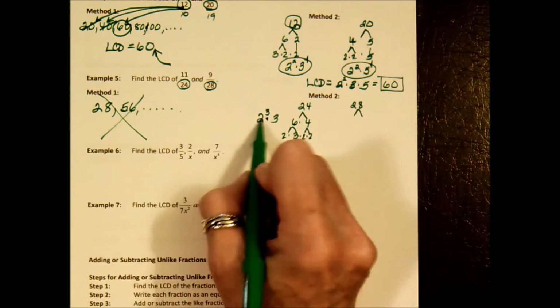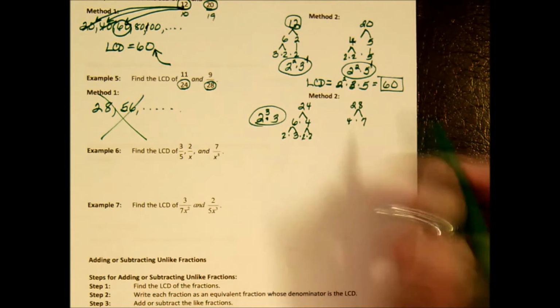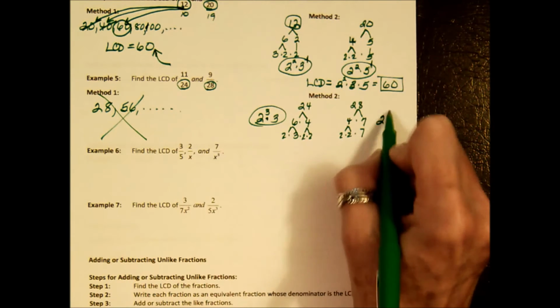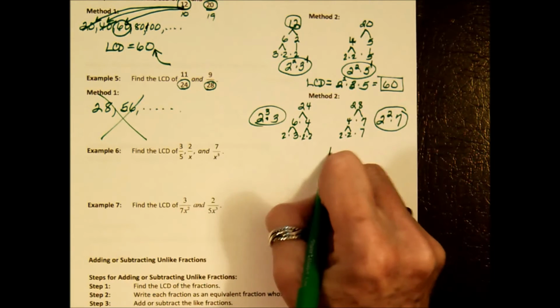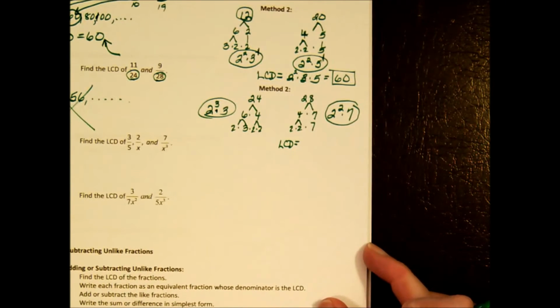That's my 24. 28 is going to be 4 times 7, or 2, 2, and 7, which is 2 squared times 7. And now what I said was the LCD has to represent each base.